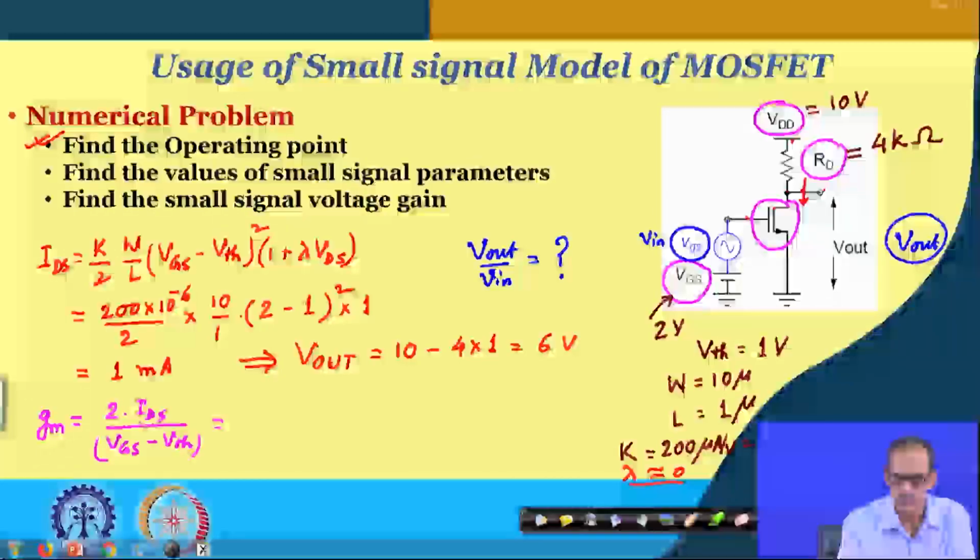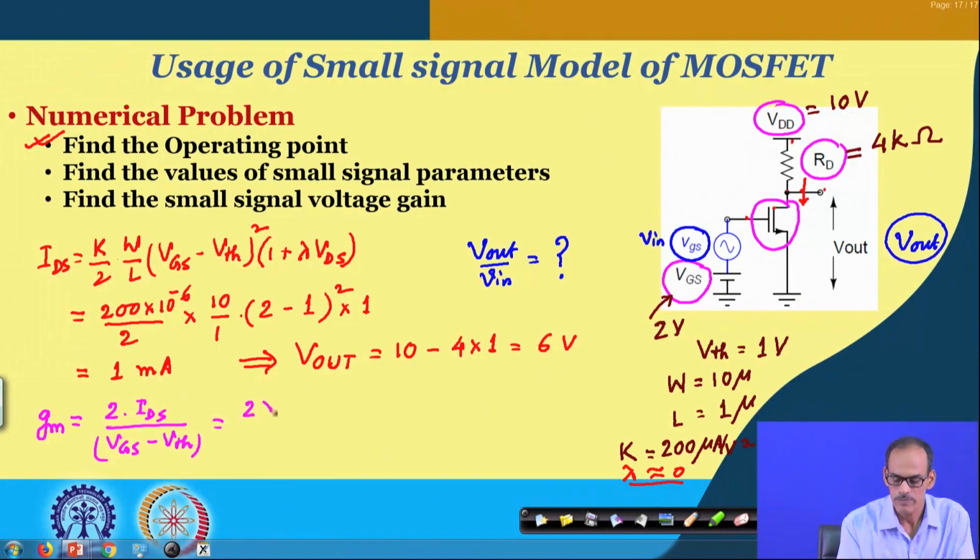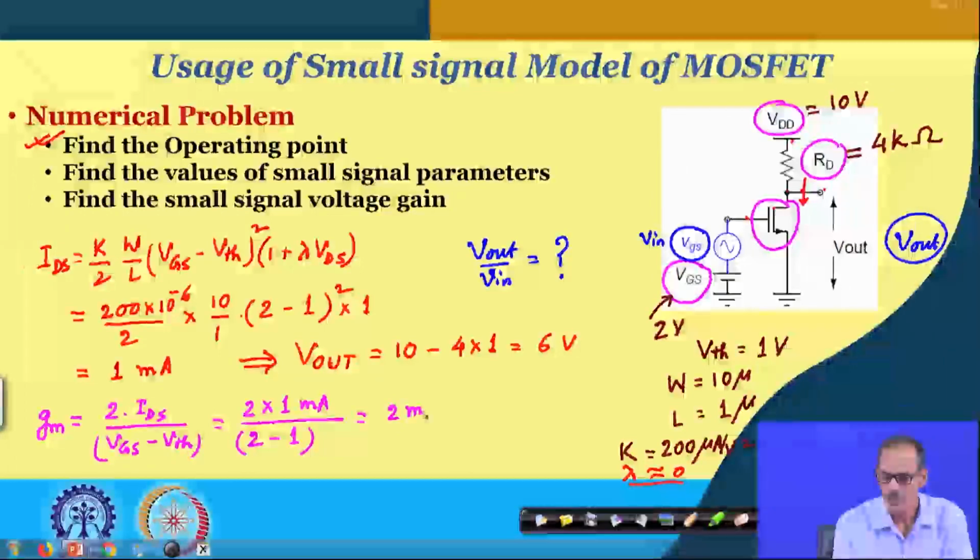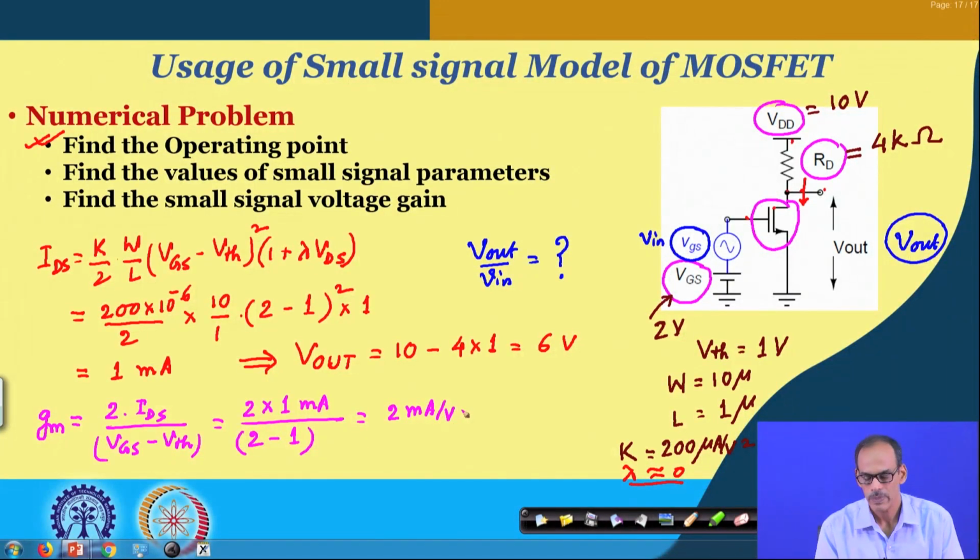So, that gives us 2 into 1 milliampere divided by 2 minus 1. So, that is 2 milliampere per volt, right. And GD is 0.